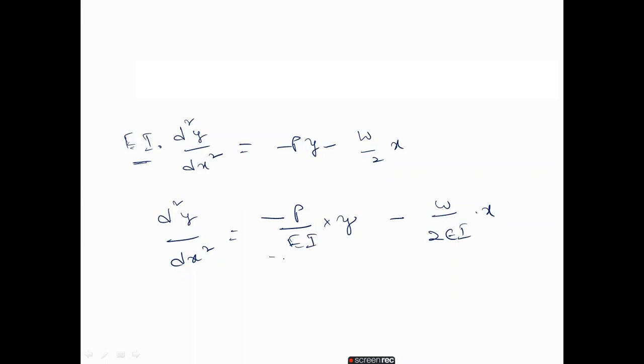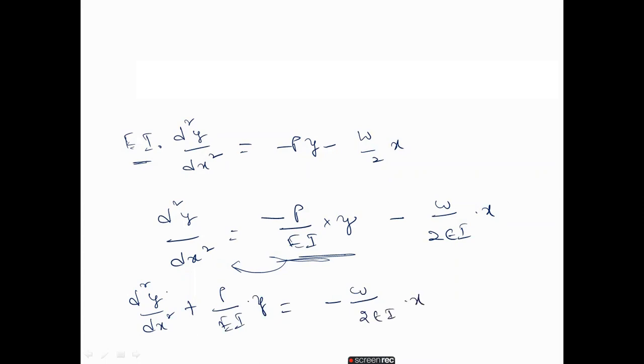Now I will send this one to the left hand side. So the next step is d square y by dx square plus P by EI into y equal to minus W by 2EI into x. So finally we got this equation.